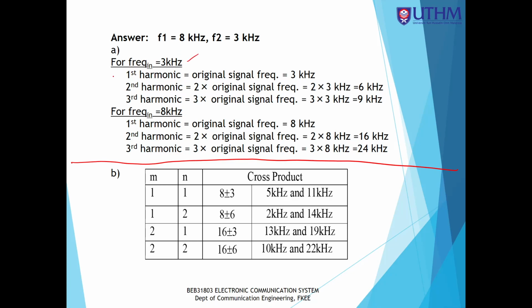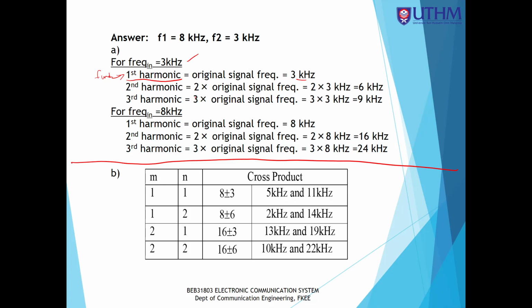You see that the first harmonic, or the fundamental. Some literature books use first harmonic, some other books use fundamental frequency. So this is the fundamental, which is 3 kilohertz, of course the original input frequency.